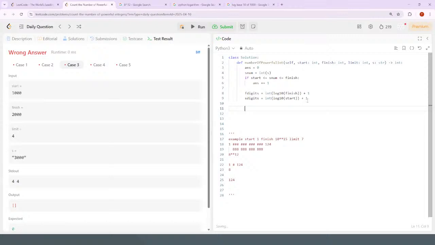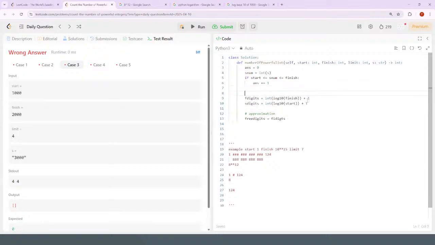So I'll say free digits is equal to, this is approximation, this is not precise right now, the F digits, and I'll say digits is the number of digits in the suffix.